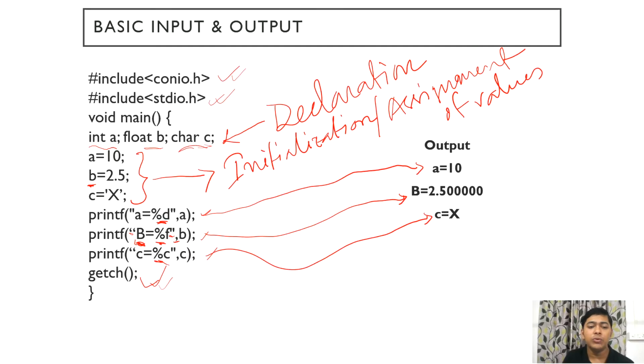For float we use percentage f. We can use lf also, for long double we can use lf, and percentage g also we can use. Now for character we use percentage c. Is that clear, everyone? This one you need to remember, percentage d and all those things. This I'll give in the description of this video.